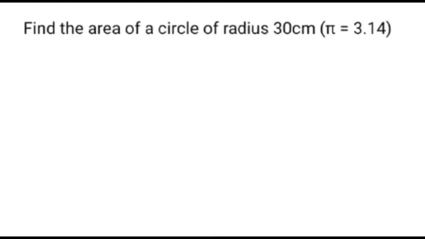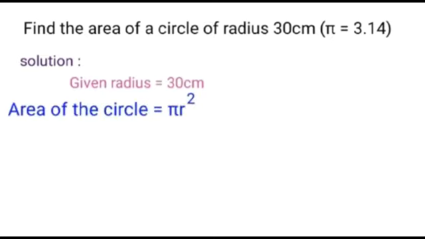Find the area of a circle of radius 30 centimeter. Here take pi is equal to 3.14. Solution. Given that radius is equal to 30 centimeter, we know that area of the circle is equal to pi r square.